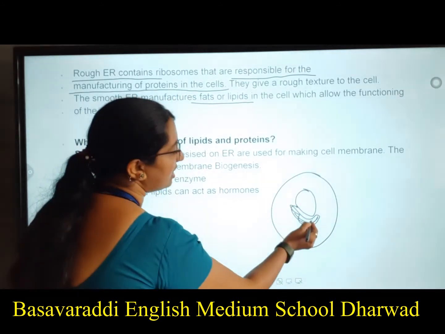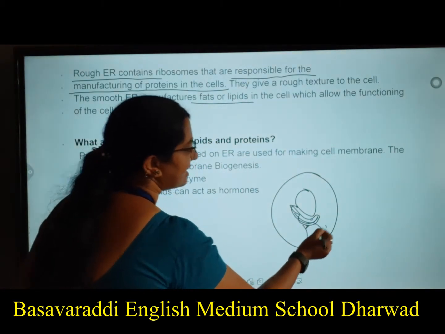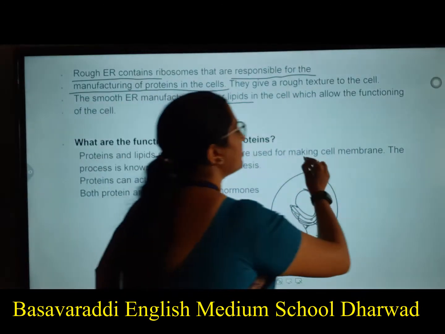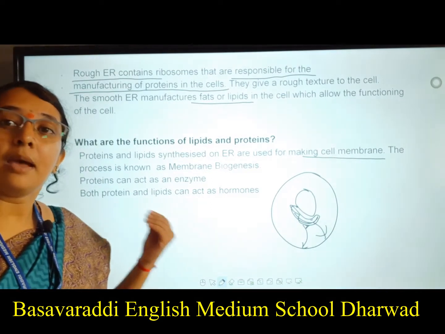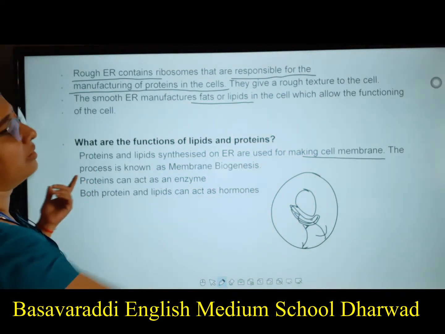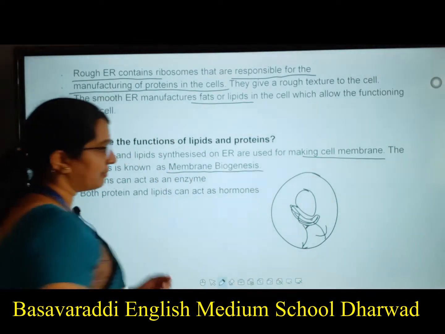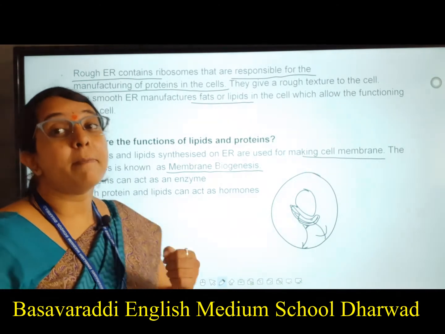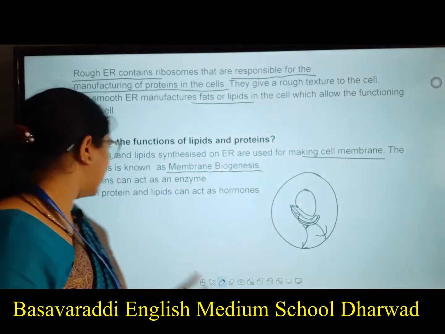Whatever is synthesized will be sent to your cell membrane, and used for making the cell membrane. This process is called membrane biogenesis.